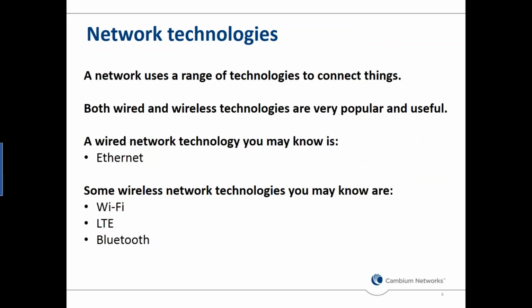So, we talk about computer networks, and I'm sure this won't be news to many of you, but a wide range of technologies can be used to construct computer networks as we know them today. It's very easy to break these into two distinct camps for our purposes, which would be wired and wireless technologies. I'm sure that basically everyone here is familiar with Wi-Fi on some level, probably LTE and Bluetooth as well, and some of you are probably also familiar with Ethernet if you've plugged in a desktop PC or a smart TV or an internet router lately.